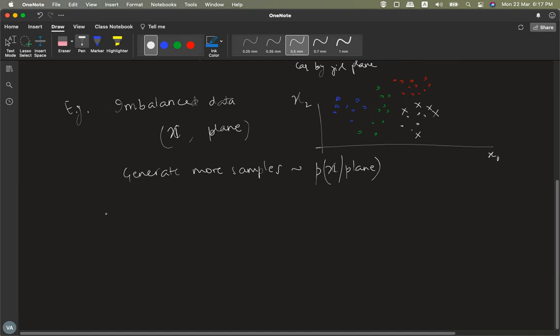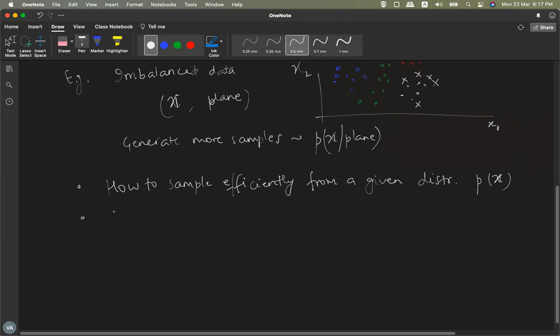So, how to sample efficiently from a given distribution P of X, right?